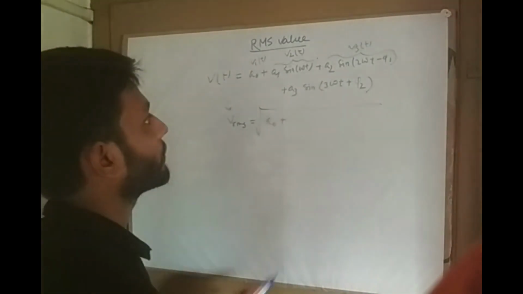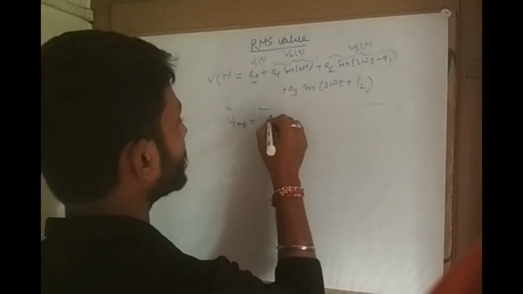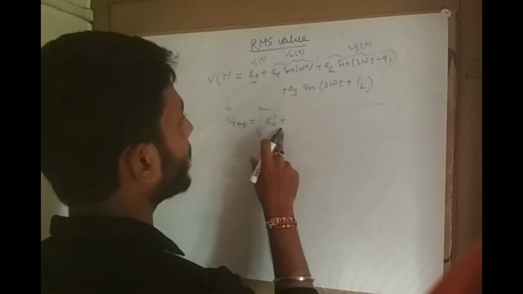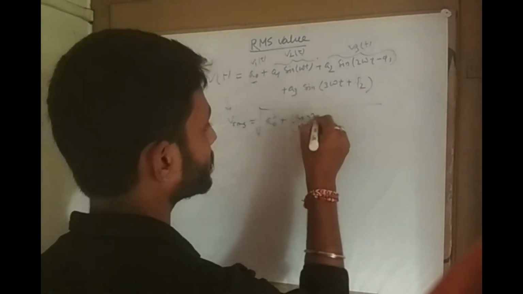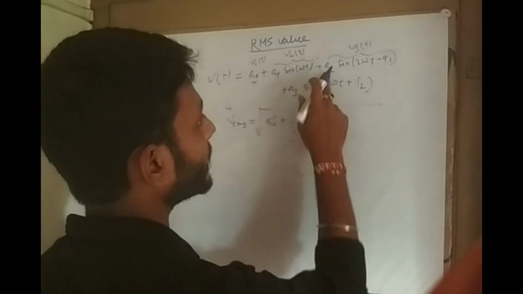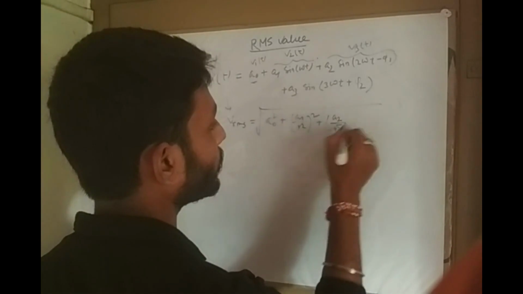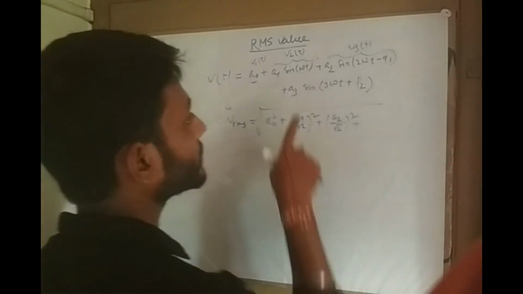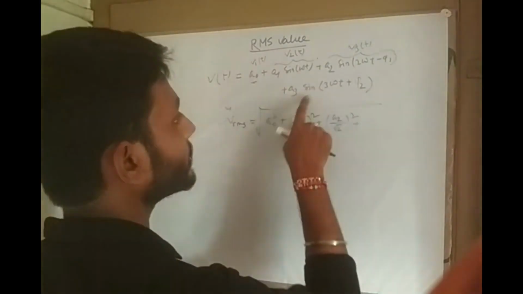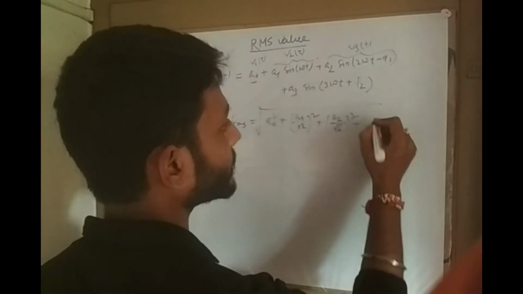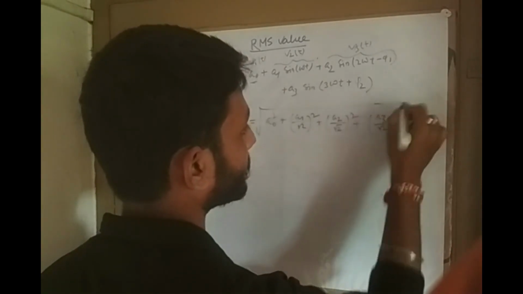This is the DC value. Vrms will be equal to the root of A0 square plus (A1 divided by root 2) square plus (A2 maximum value divided by root 2) square plus (A3 divided by root 2) square.